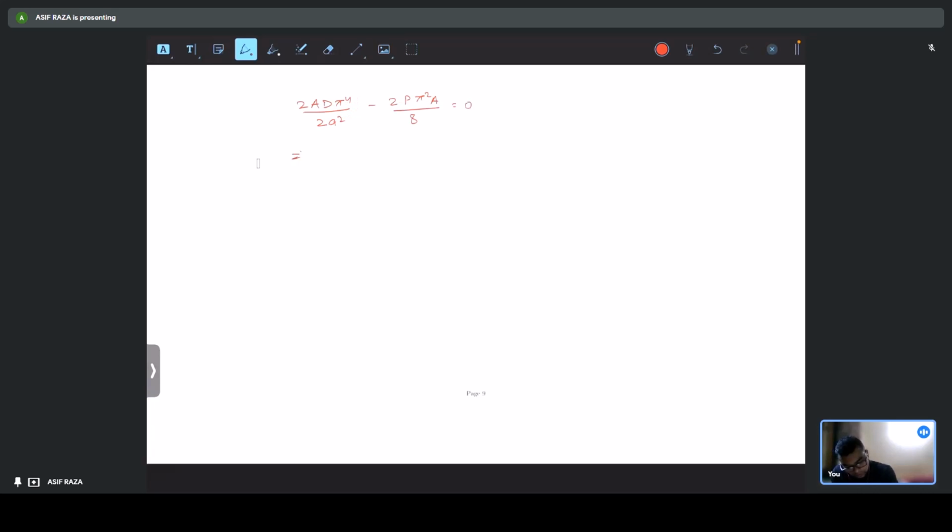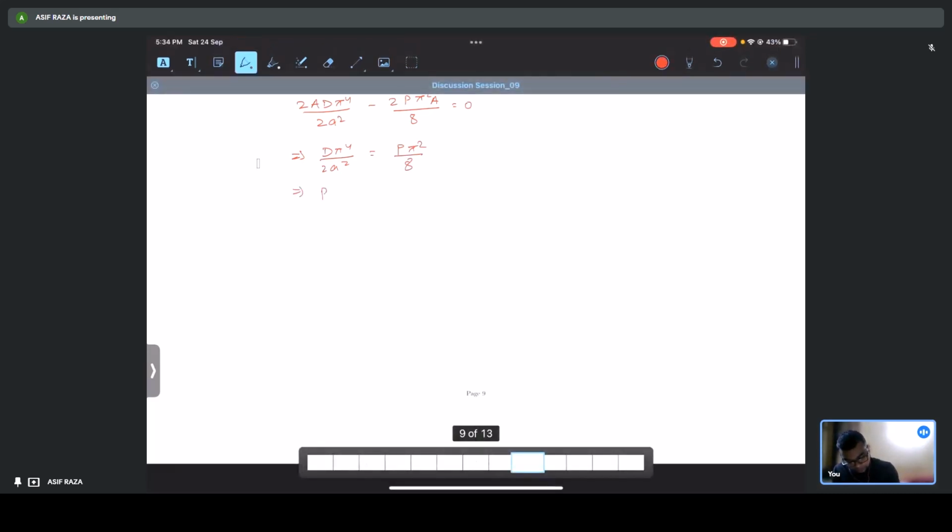This can be simplified as D by 4 upon 2A square is equal to P pi square upon 8. So this will give me P as 4D pi square by A square.